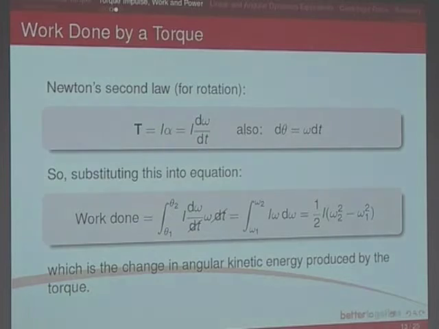We replace those with the things we substituted up there, and we end up getting an equation where the work done is also equal to the change in rotational kinetic energy. You'll remember that 1/2 I omega squared is the kinetic energy associated with something that's spinning. So the angular kinetic energy is the work done.